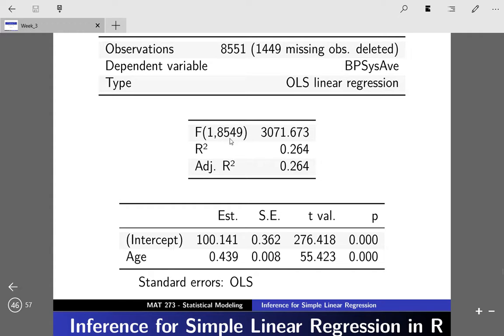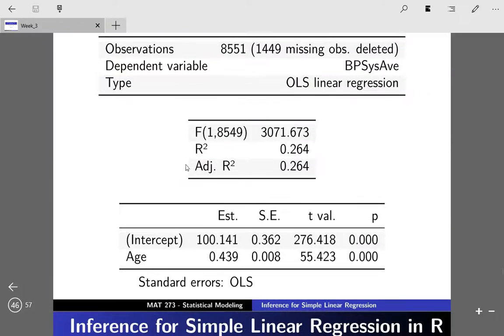The second value in the parentheses after the F is the error degrees of freedom, which is equal to n minus 2. So here you can see 8,551 minus 2, that gives us this error degrees of freedom term.